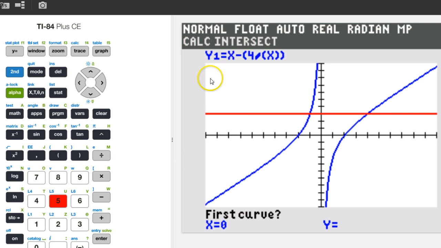So now it's doing the intersect function. Okay, I need to find my cursor. Okay, so here's the cursor. I'm going to try to get close to one of the intersection points. As close as I can.